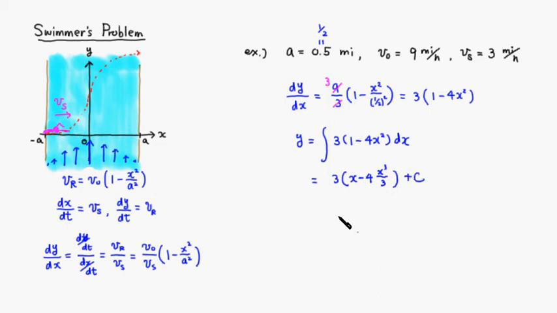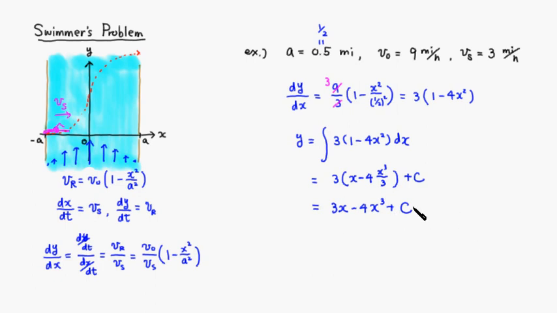Then we can simplify: distribute the 3, so you get 3x, and the 3 and 3 cancel out, so it's negative 4x cubed plus some constant c.